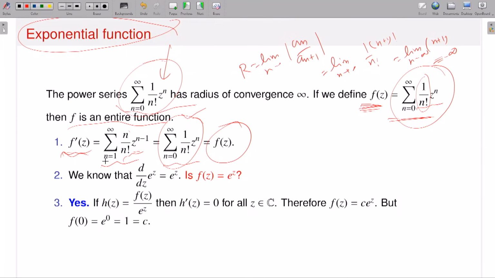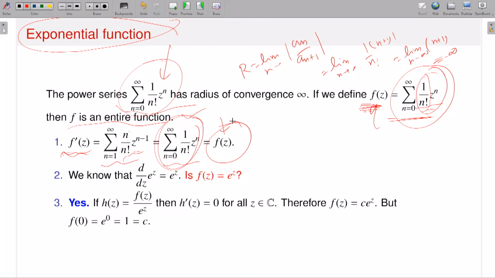I can take the first derivative of each term of my series, giving the sum from n equals 1 to infinity of n by n factorial times z to the power n minus 1, which is exactly equal to f. So the sum function f has the property that f prime is equal to f.